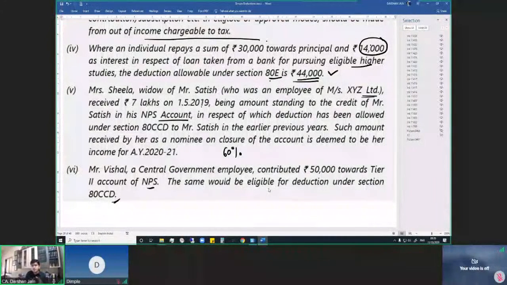See, there are two types of accounts, Tier 1 and Tier 2. As far as the Tier 1 account is concerned, it covers section 80CCD(1B). The additional deduction of 50,000 rupees under 80CCD(1B) is available only if such contribution is made by the employee to the Tier 1 account and not to the Tier 2 account.